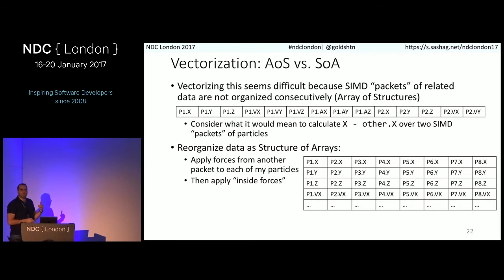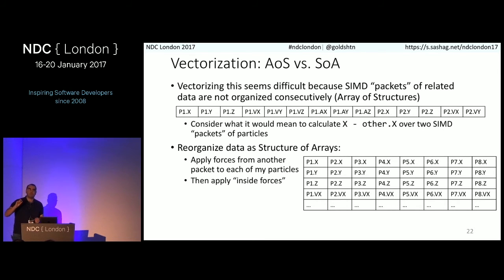And to vectorize, you would probably be better suited if you had a bunch of arrays with each component laid out sequentially. So instead of having a huge array where you have all the values for the first particle and then all the values for the second particle, you'd rather have an array with all the x's and all the y's and all the z's and all the velocity x's and so on.